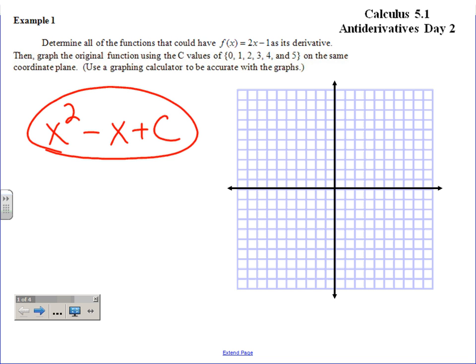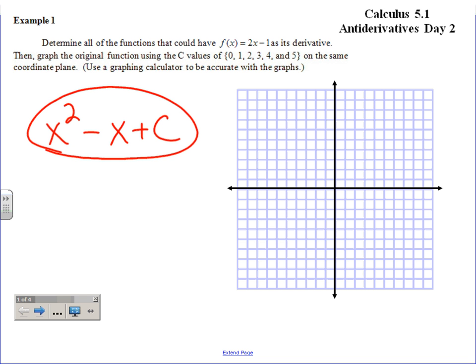Or the ones that we're going to choose says, then graph the original function using all of those values. Now, which one's the original function, I guess, would be the question. Yeah, the one we just found. That's the original. We're going to take x squared minus x plus 0. We're going to take x squared minus x plus 1.